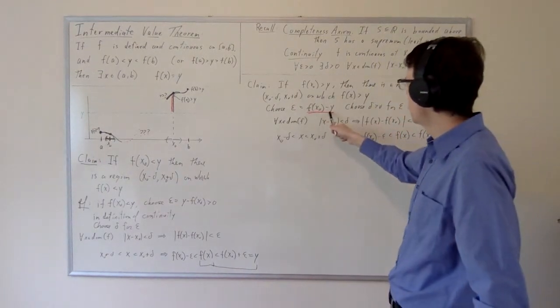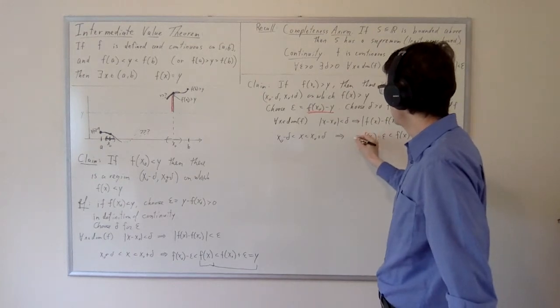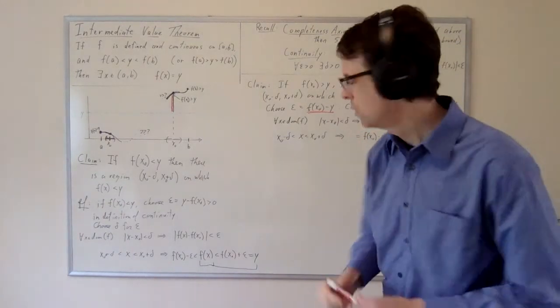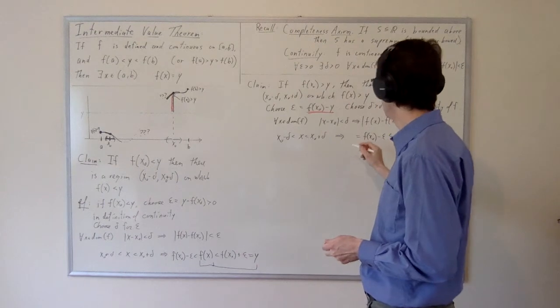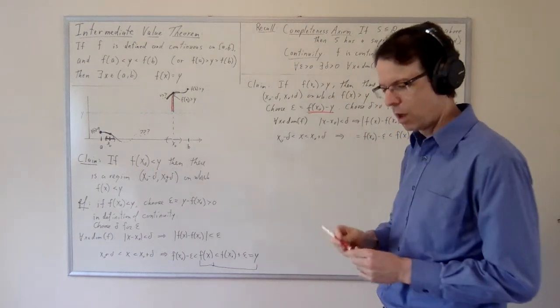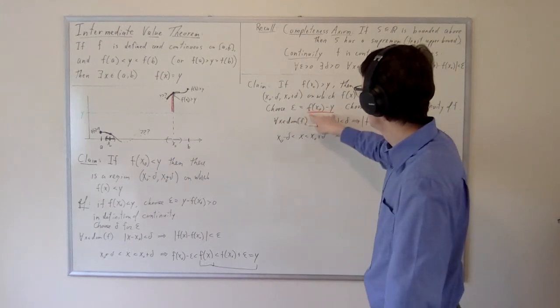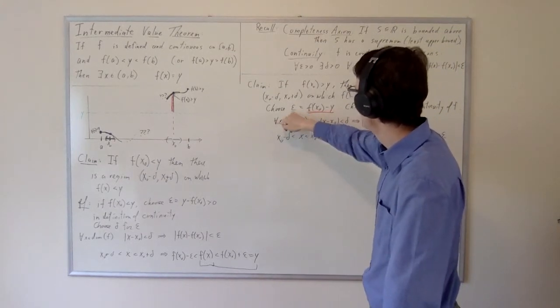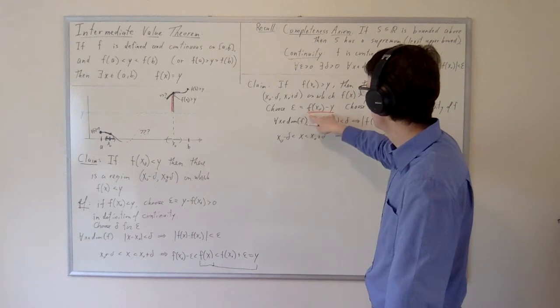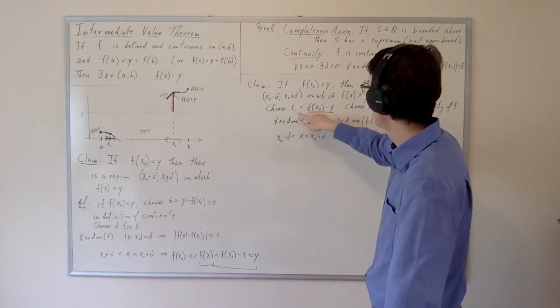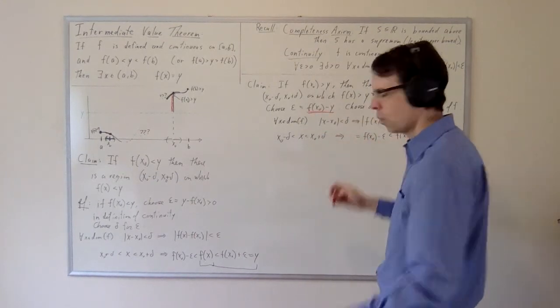But notice that f of x naught minus epsilon can be deduced from this equation. We add y to both sides, and we subtract epsilon from both sides, and we see that f of x naught minus epsilon is equal to y.